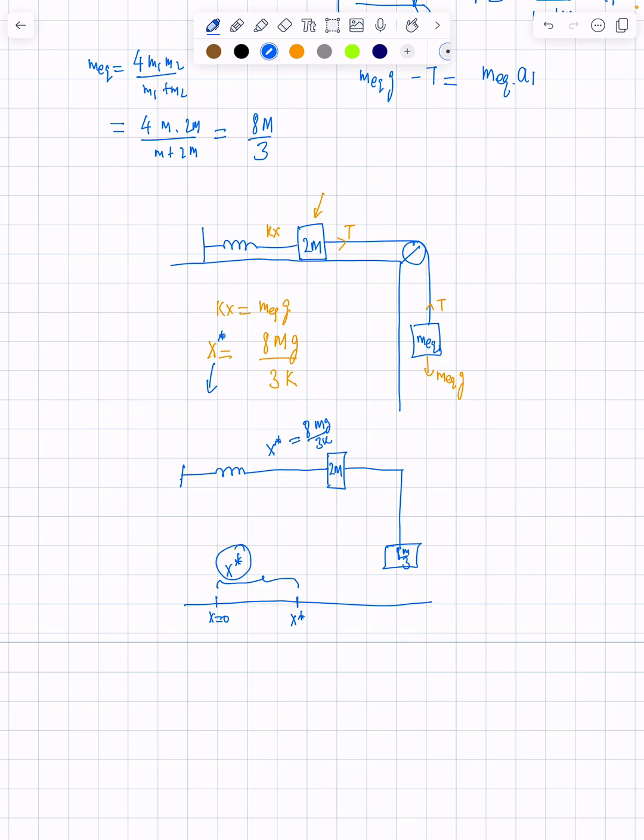So what will happen is the block, this is the equilibrium position, it will move x star on the left side, and it will also move x star on the right side by the same amount. So you can see that here the spring is at natural length, and at the maximum expansion the spring is essentially 2x star.